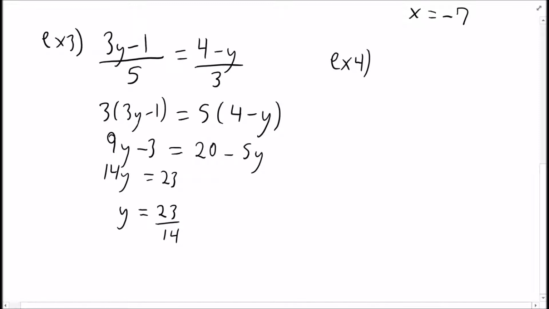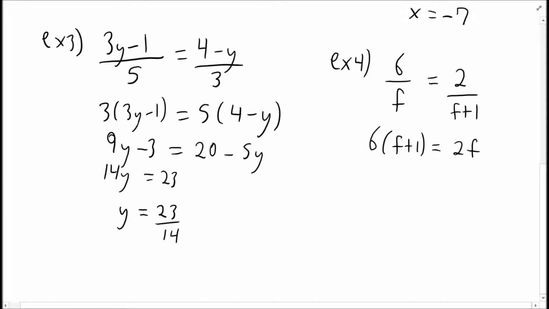So this time let's have 6 over f is equal to 2 over f plus 1. Once again, we don't want to have fractions, we don't want these denominators, so I'm going to cross multiply. The f plus 1 goes up to the left hand side, and then the f goes up to the right hand side. So I'll have 6 times f plus 1 is equal to 2 times f.